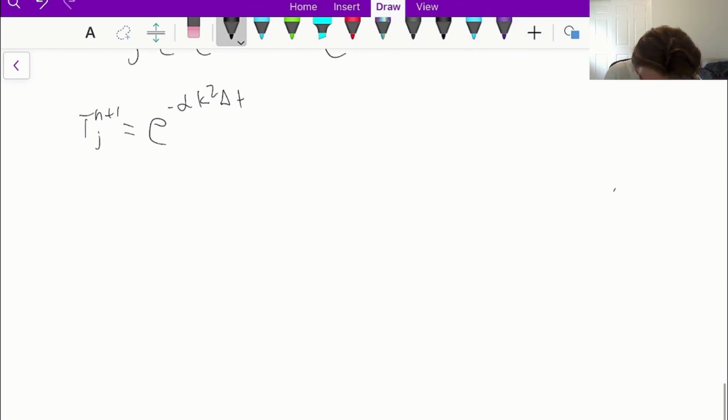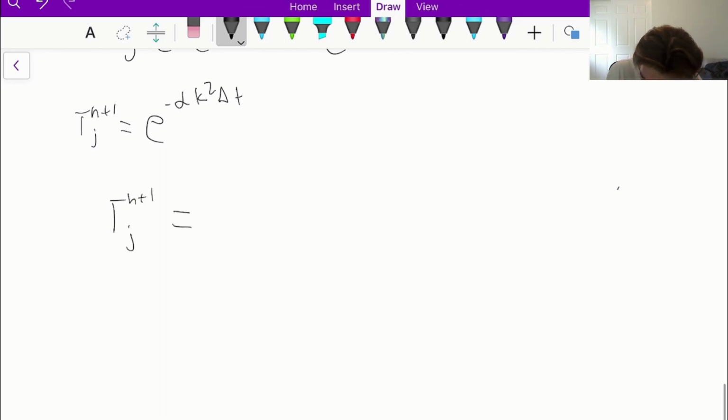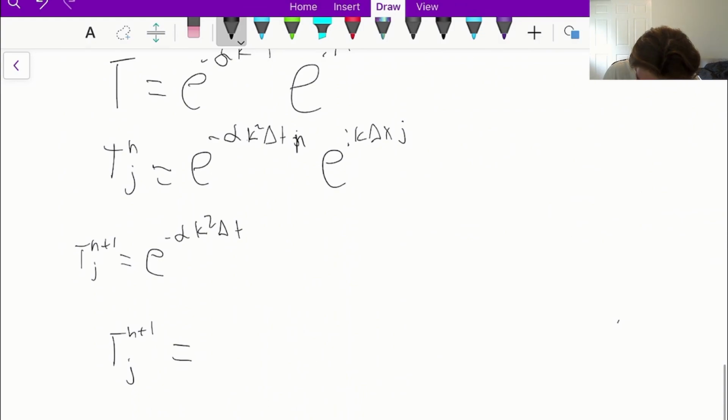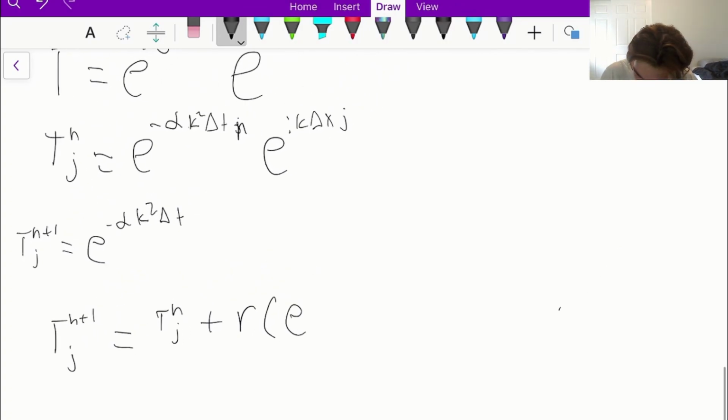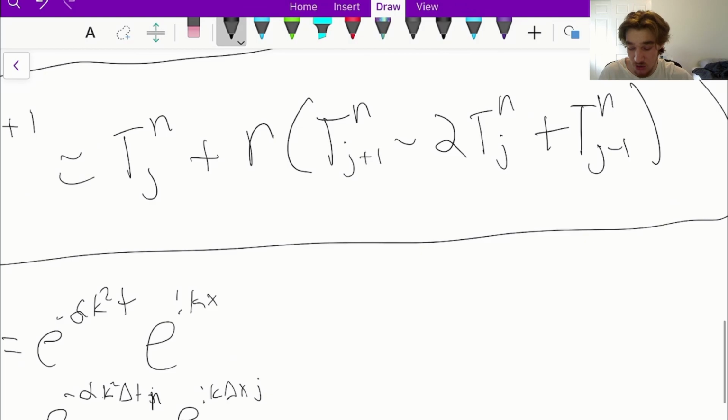So for our left side of the equation, we're just going to keep this the same for now, and T n plus 1 at position j equals, and then T n at position j is going to be right there. And this is where our r value comes in, and we get e to the I k delta x. And what is happening to our delta x? It's going to be plus 1.